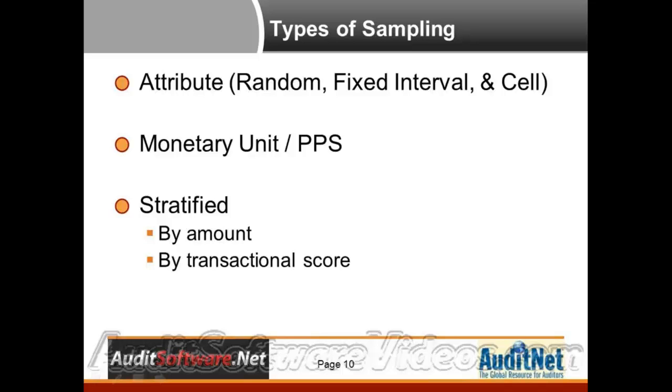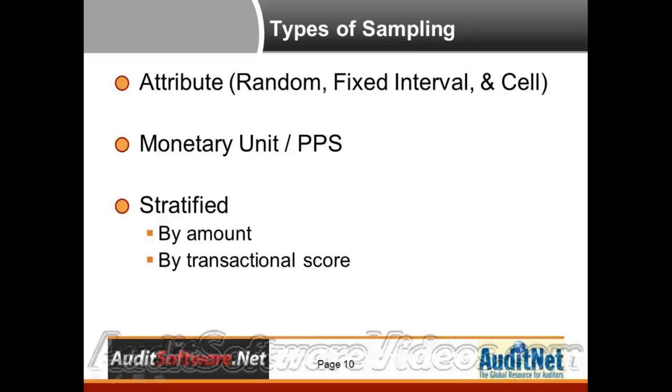Random is, let's just say you had a population of 1,000. It is going to randomly pick, say, 10 items from the 1,000. And it's just going to randomly do it. There's no order. For the most part, ACL will not allow repeats in there. So you won't pick a sample of 10 and get 4 because all these repeats keep showing up. So you have to make sure of that.